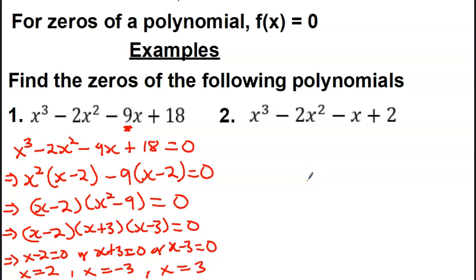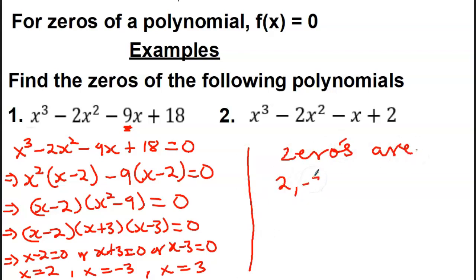Now we are looking for the zeros. So how you write your answer is very important. Yes, you have solved for x, but then the zeros, we are looking for values that will make the function equal to 0. So the zeros, you conclude that the zeros are 2, minus 3, and then 3.